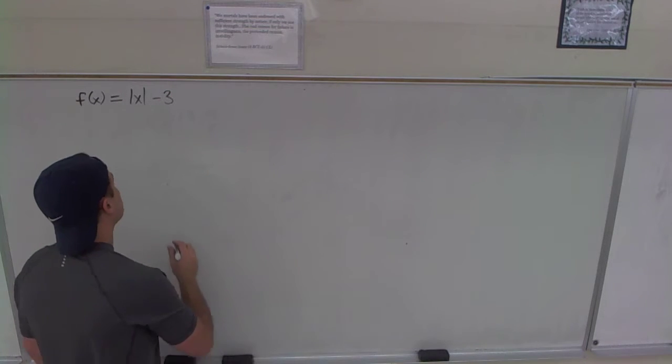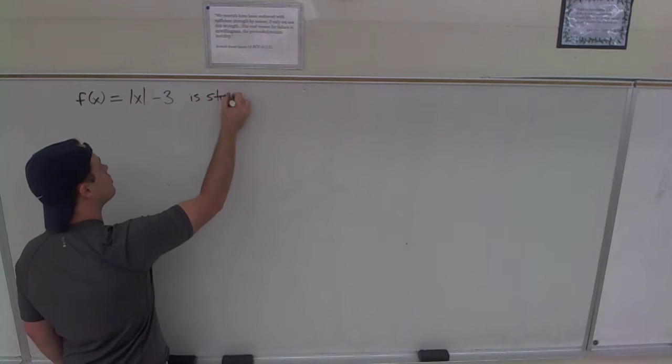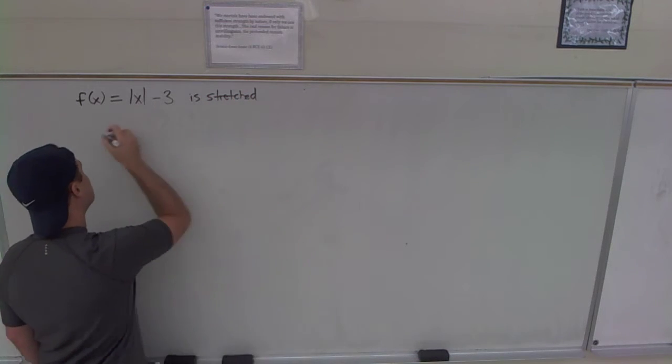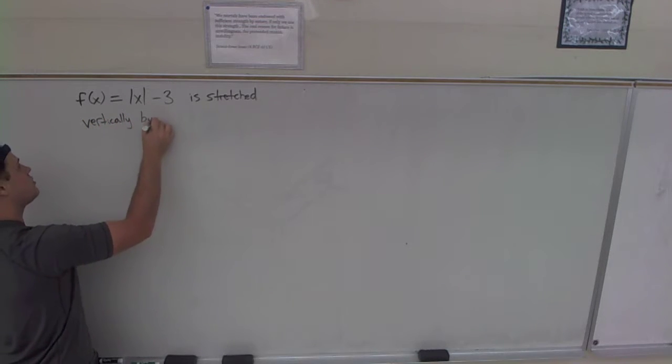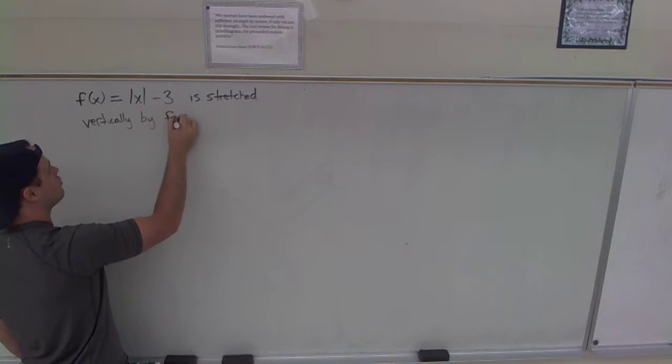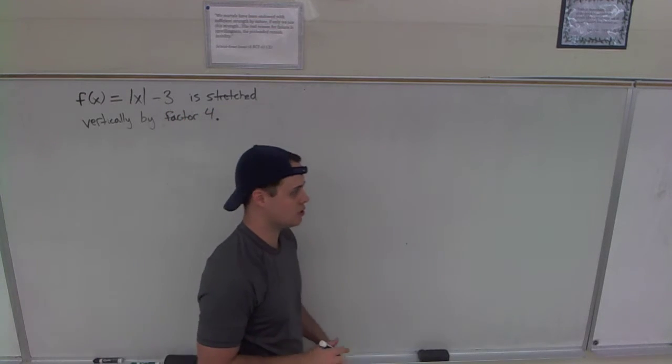And let's take that and stretch it vertically. So let's say f of x is stretched vertically, again the key word here. Now let's say we stretch it vertically by a factor of 4. Let's see what happens to this function.